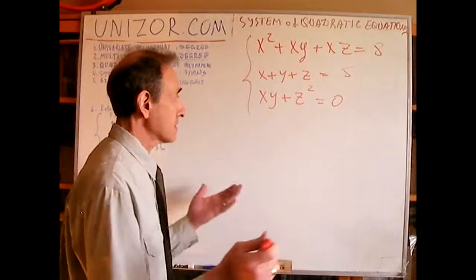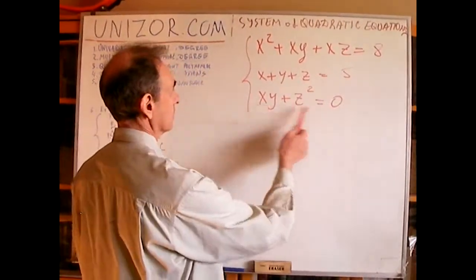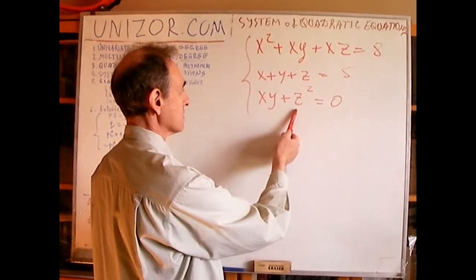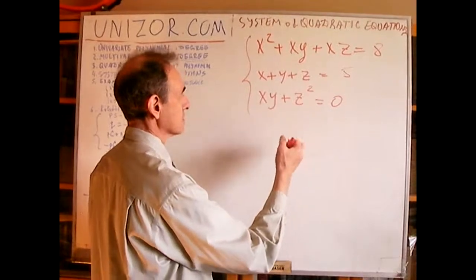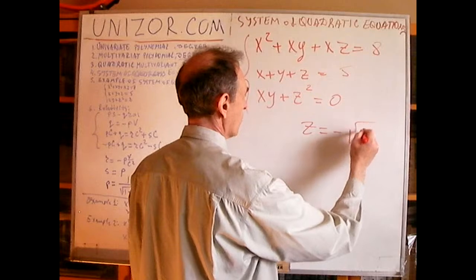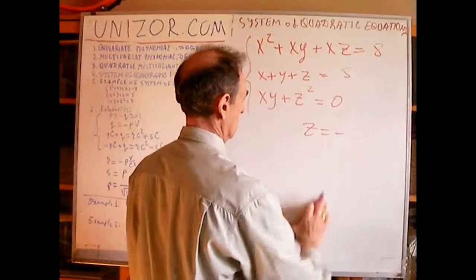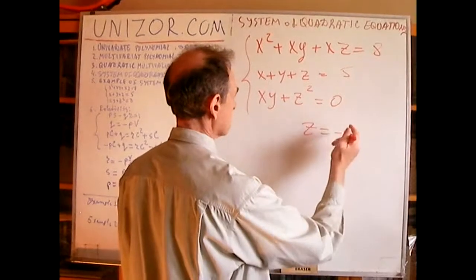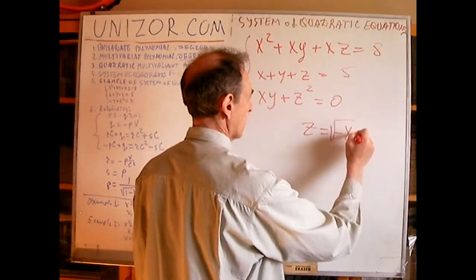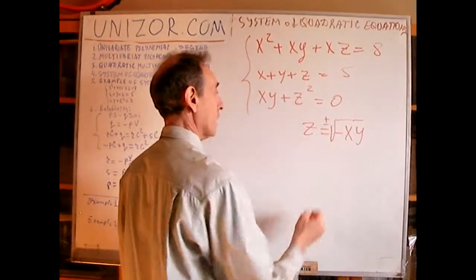Why? Because let's say you want to do it using the substitution method. Well, look at this. You can actually find out what z, let's say, is from this. z squared is minus xy, so z is the square root of minus xy. And it can be actually plus or minus.